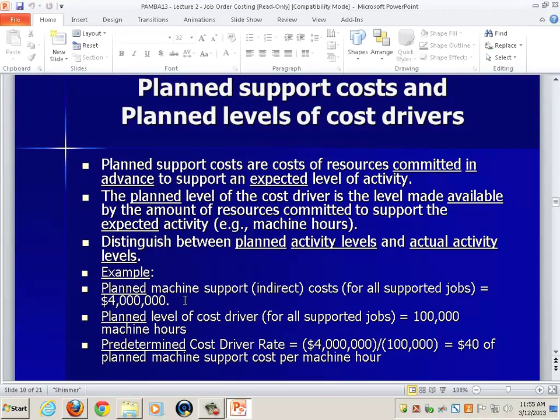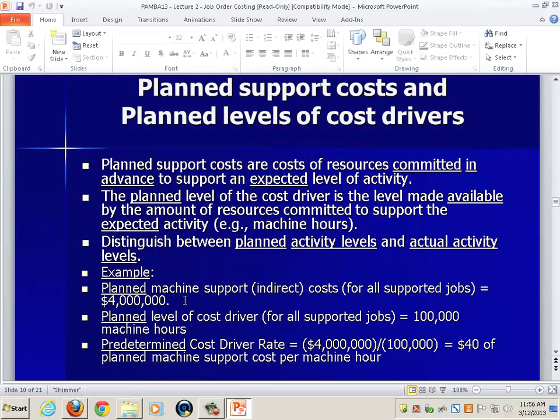One of the indirect inputs is machines. Probably the machine is doing work for many other jobs, so it's not exclusive to this job. The direct labor and direct materials were exclusively dedicated to this job, so that's an indirect cost.